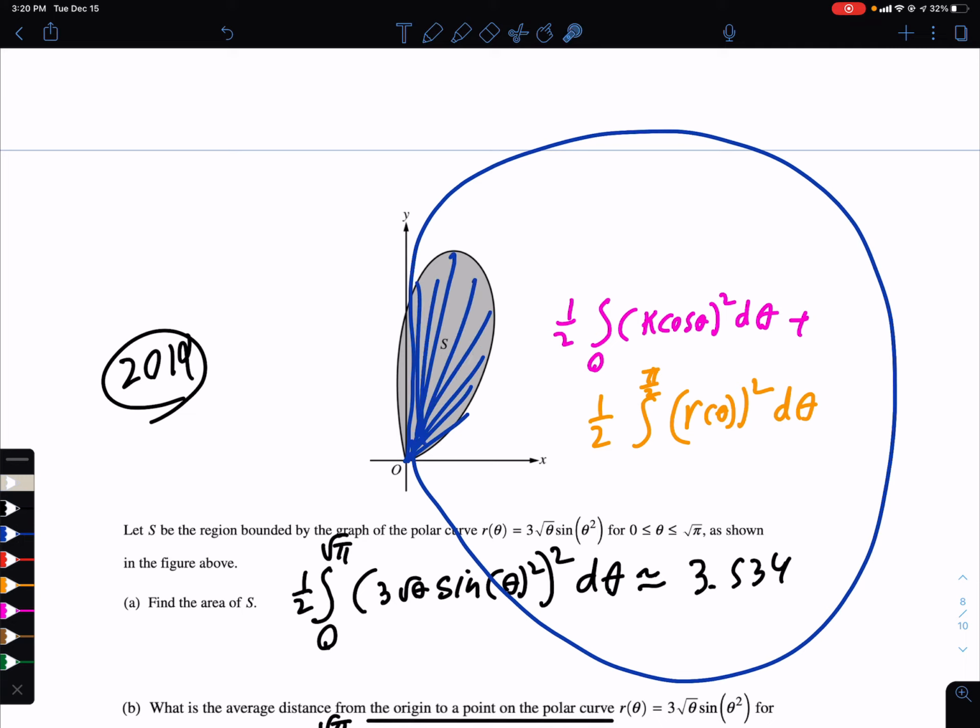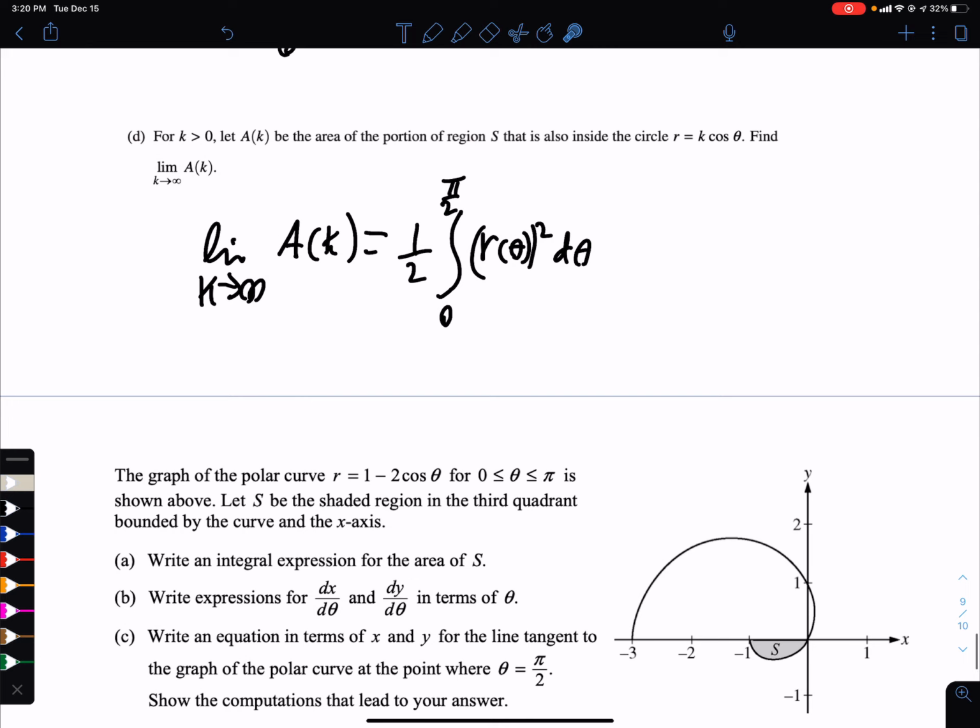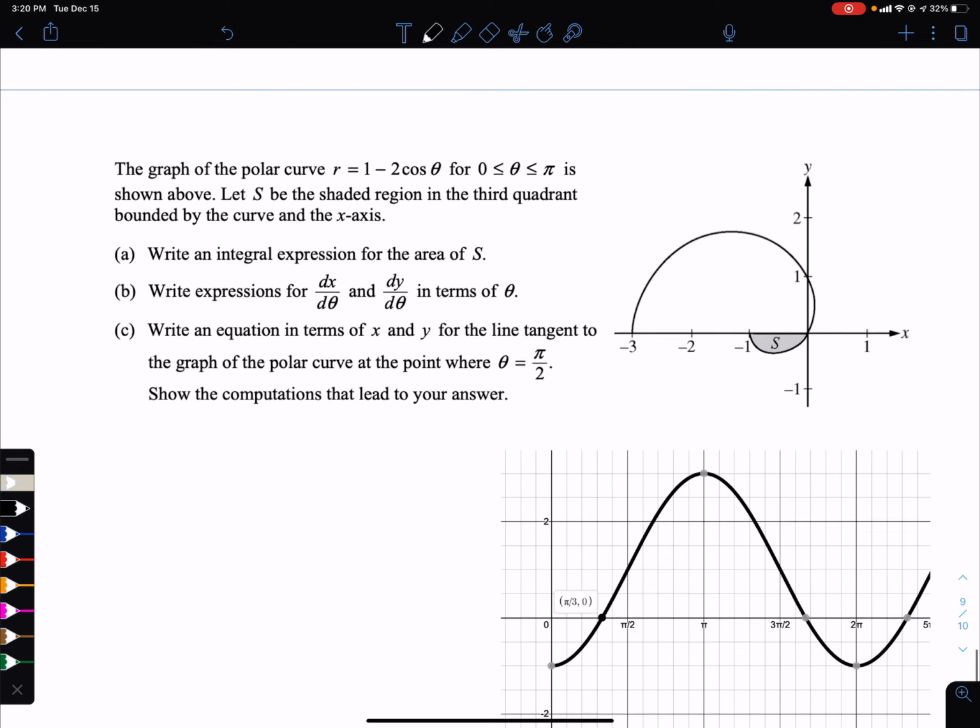So to find that area, it's going to be from 0 to 90 to get that region of S. So that's why I go from 0 to pi over 2, which is 90, 1/2 r squared d theta. And you just pop that in your handy dandy pocket calculator, and you get 3.324. So that one was a tough one. I don't know if I didn't cheat and look at it, what I would have done with that.